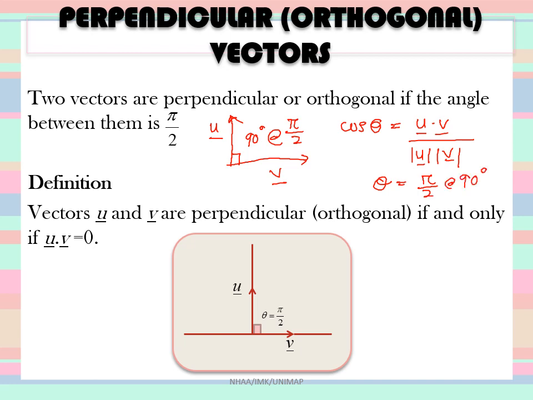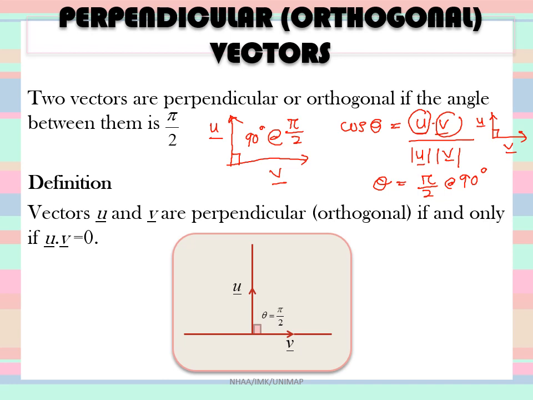This means that your two vectors, vector u and vector v, create 90 degrees.